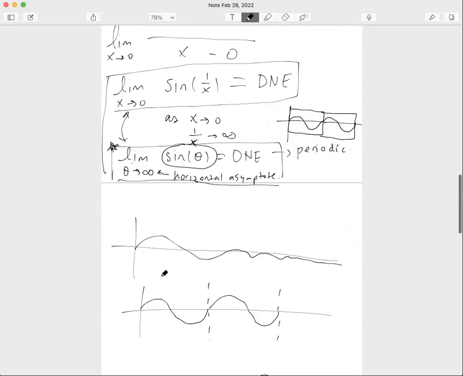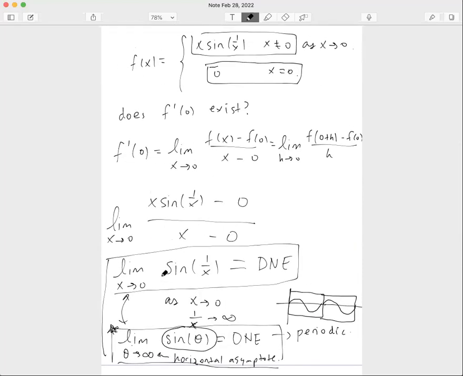So returning to our question, we just found out that the derivative does not exist. When we calculated our derivative, we ended up with a limit as x approaches 0 of sine of 1 over x. So now that doesn't exist. So here's the answer to the homework, last problem on 2.1.